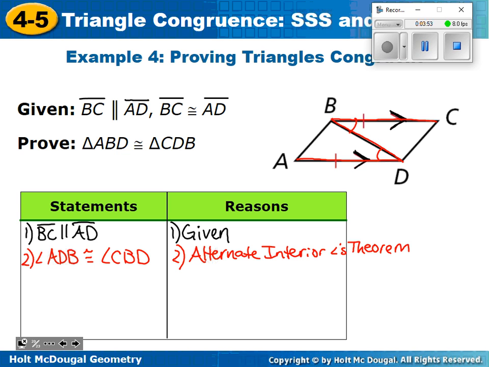Now be super careful. Were the other lines, BA and DC, marked parallel? No. So I have a lot of students who usually want to make the mistake of saying, well, this angle right here is congruent to this angle right here by alternate interior angle theorem.